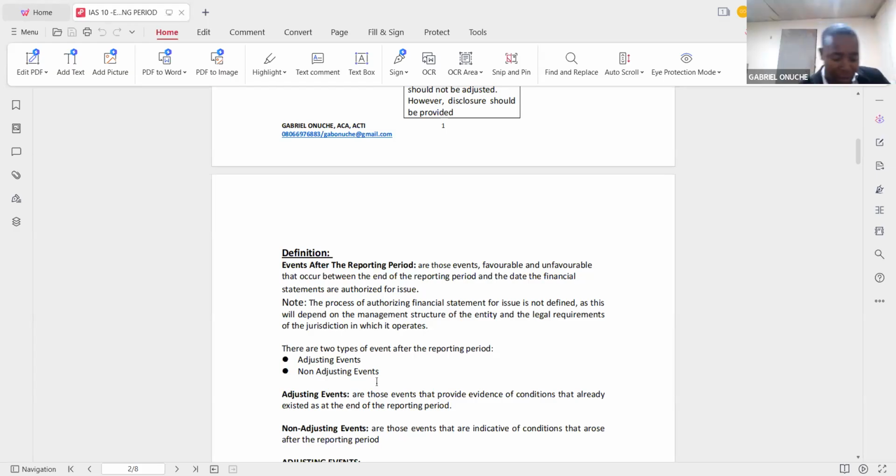Okay. Thank you. Mentioning Kama has nothing to do with this event after the reporting period. I'm only asking, apart from this, is there any time limit that Kama puts that the board must approve the financial statement?